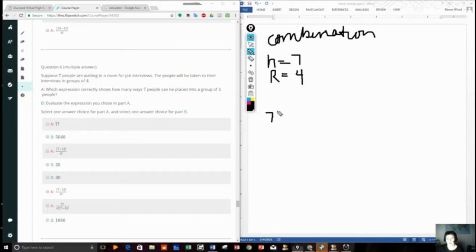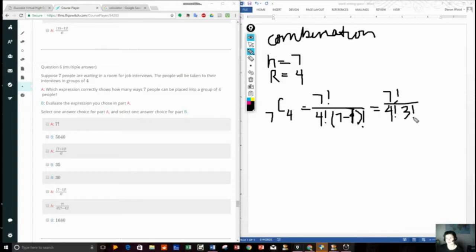So we would have 7 total and we're choosing 4, and that's going to equal 7 factorial times our R, so 4 factorial, and then whatever is left over, so 7 minus R, so 7 minus 4 factorial. We have 7 factorial divided by 4 factorial, and 7 minus 4 factorial is 3 factorial.